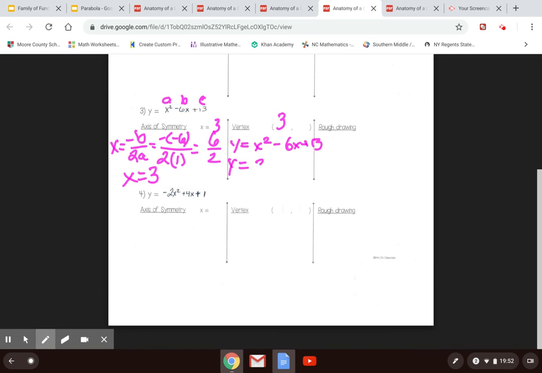So that's going to be y equals 3 squared minus 6 times 3 plus 13.